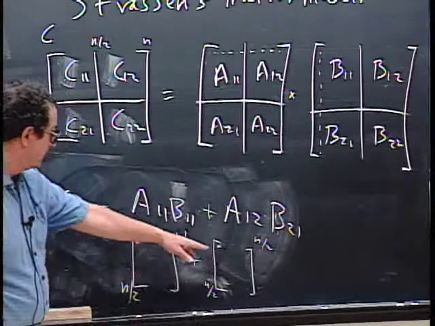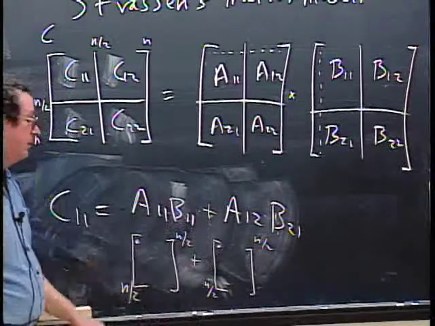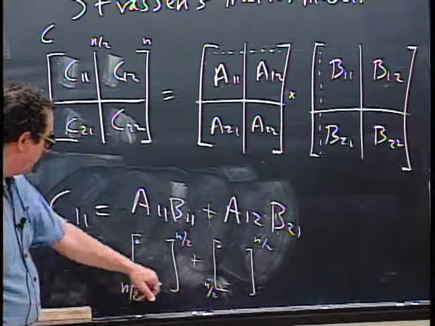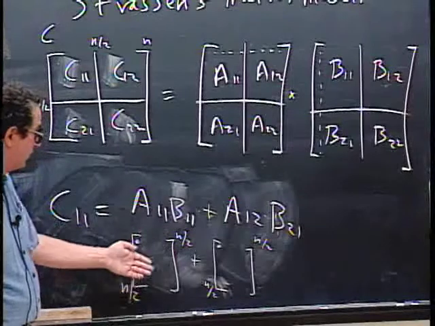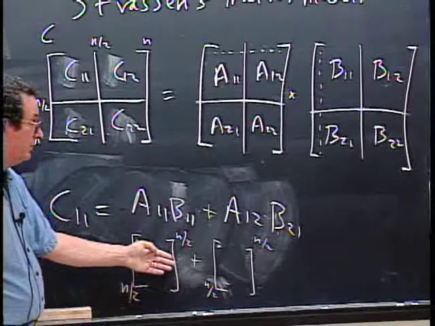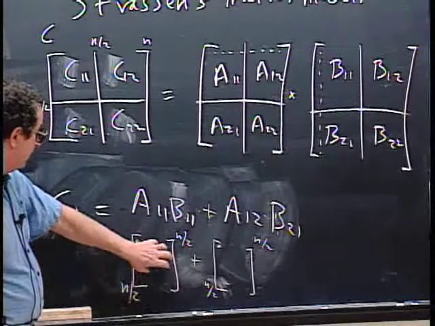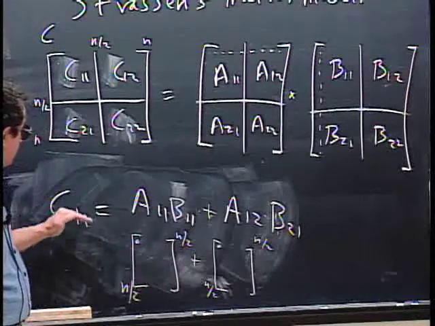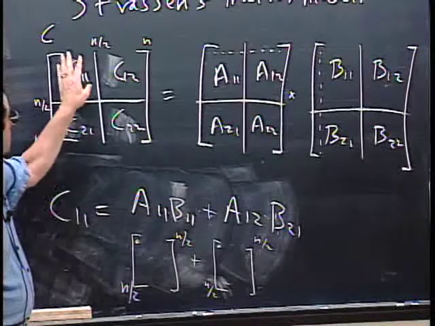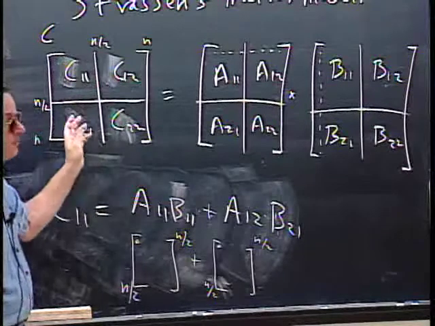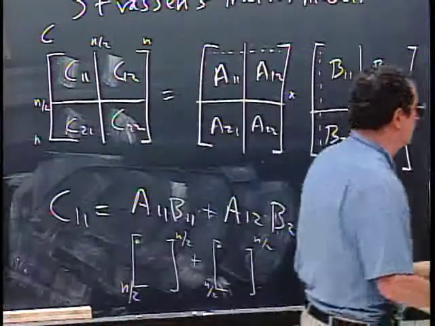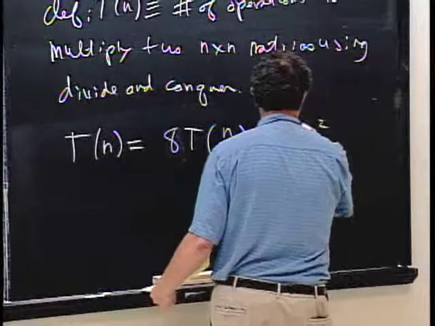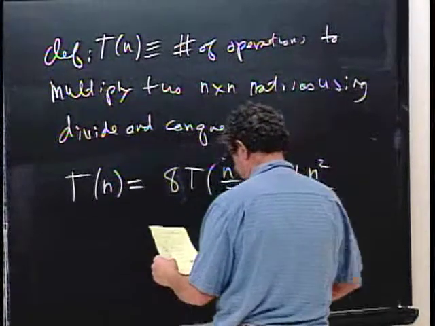Each one only adds to one other, but every one adds to exactly one other. So how many elements are there in here? It's n squared over 4, the total number of elements. So n squared over 4 additions are done for this particular submatrix, and we have 4 submatrices, so 4n squared over 4, which means n squared.